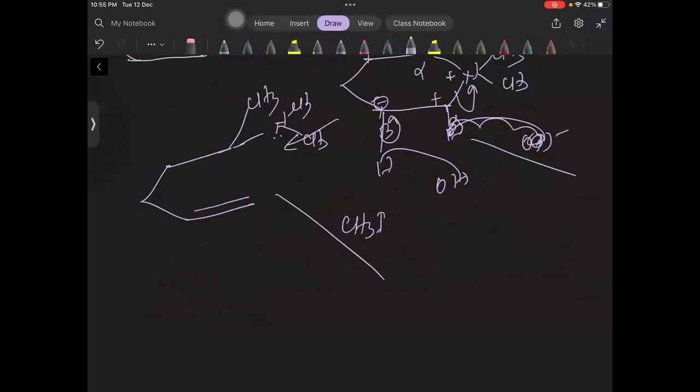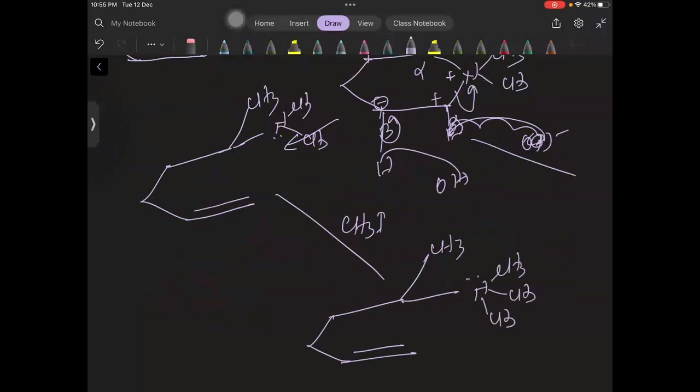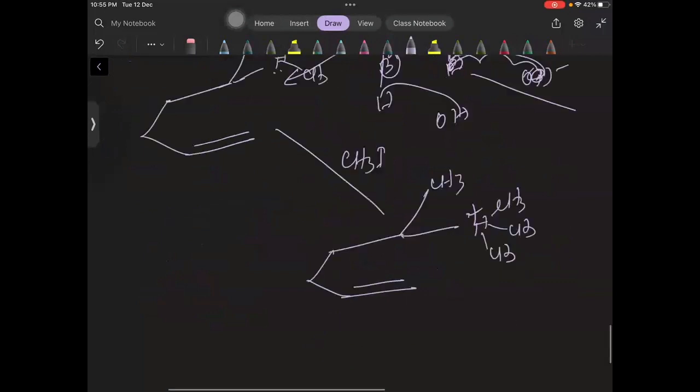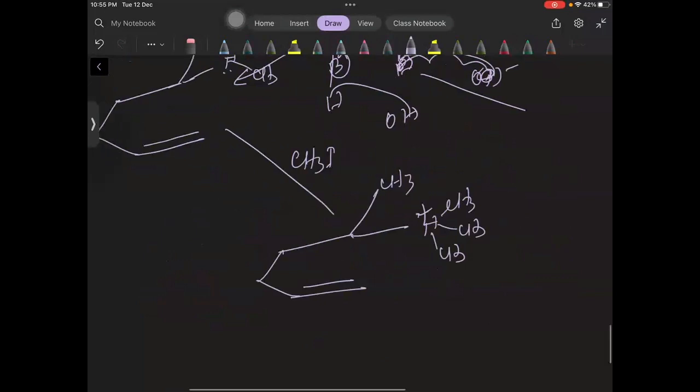So what happened? Again here CH3. Oh, sorry, positive charge will be there. Now what happened? There are beta positions. OH minus can attack on these positions. Correct. So either this is the alpha position, it is a beta, or it is a beta.